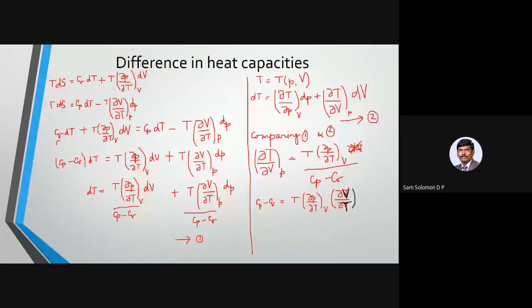Because we are cross multiplying, right? This is brought over here, so this should come in the denominator. So we are inverting the term. Okay, so up to this, it should be okay for you.